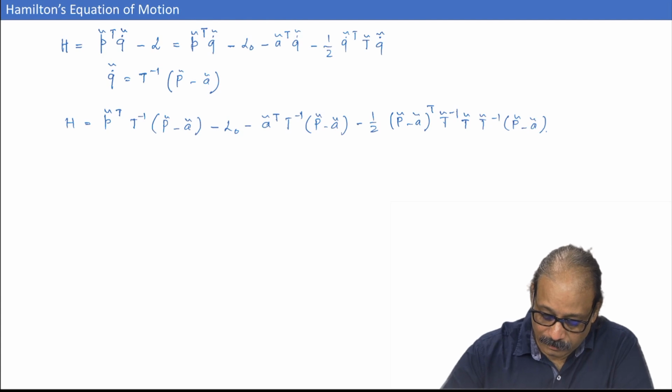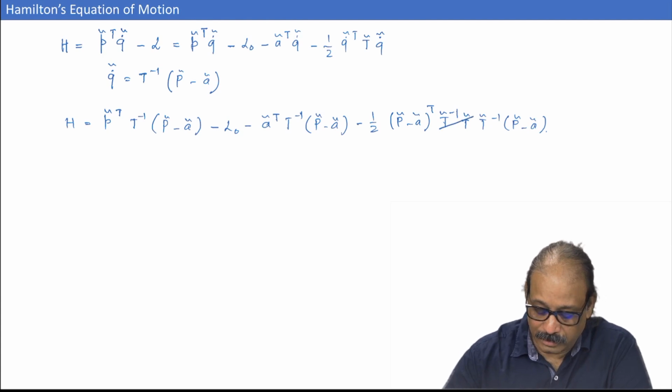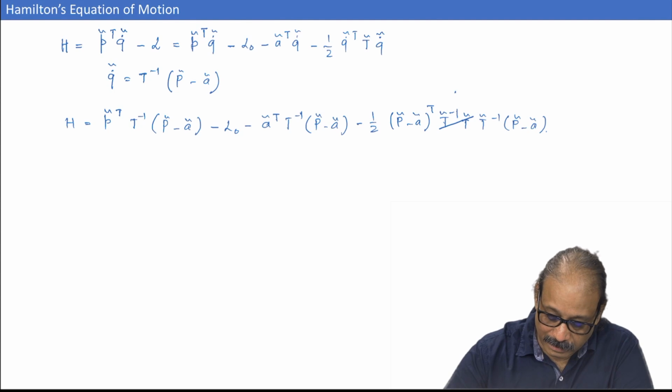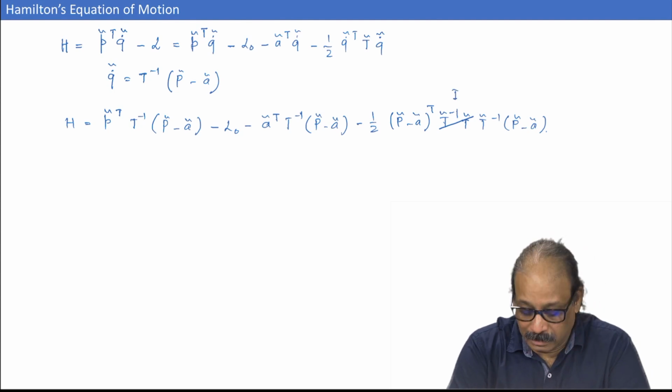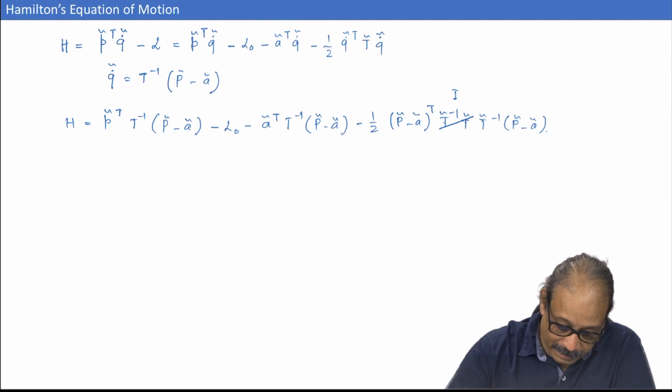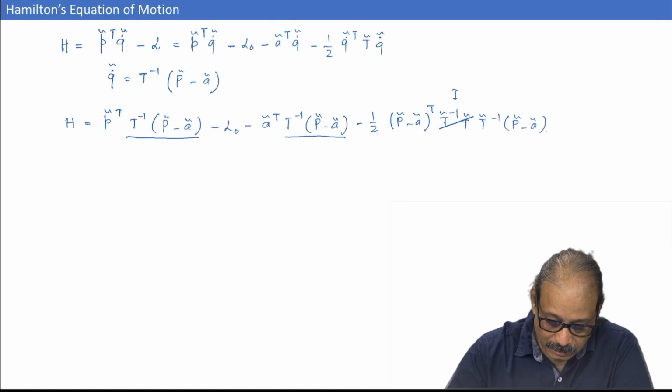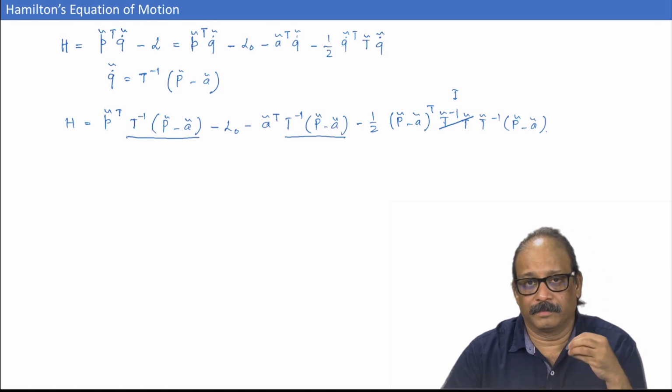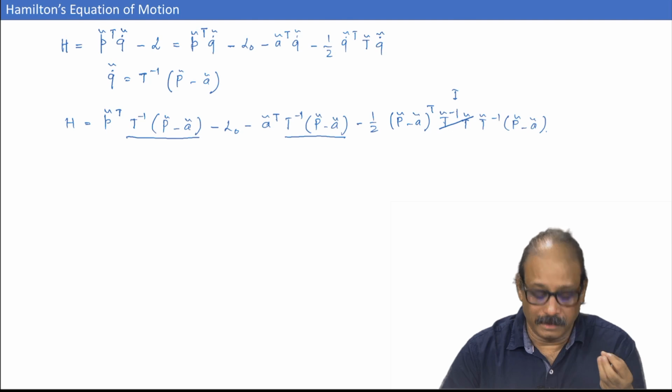Okay. Now, what happens to this? When you take this product, you will get identity times T tilde inverse, which will be T tilde inverse. And on this side, this term is common between these two, and you remember matrix product is linear.